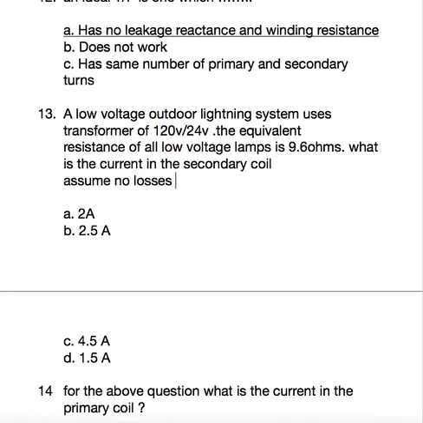Okay, what we have to find is the current in the secondary coil. Here they are given voltage and resistance, so directly we can say that I is equal to V by Z. So I is equal to 24 divided by Z, where Z is 9.6.